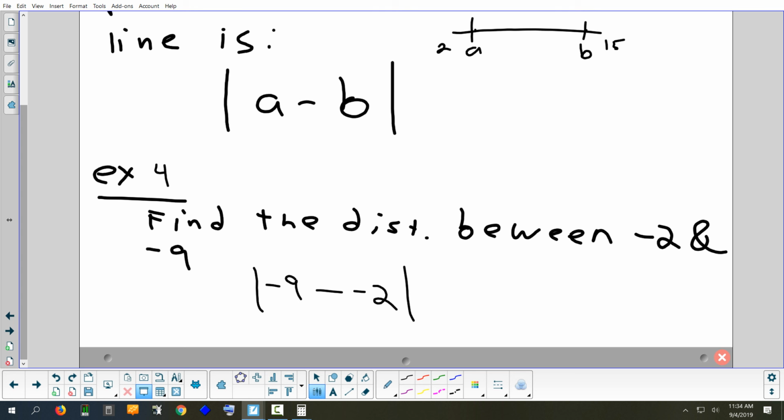What's going to happen there? Chris? The negative -2 will become positive. Yeah, it's going to become -9 plus 2. And what's the absolute value of -9 plus 2? 7. So a simple example of how you just find distance between 2 points on a number line.